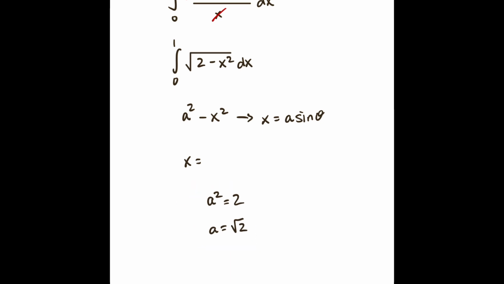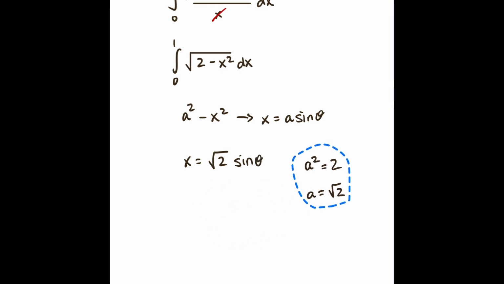So we'll have x equals the square root of 2 times sine theta. Now we'll need to take the derivative. dx is equal to the square root of 2 times cosine theta d theta, because the derivative of sine theta is cosine theta.